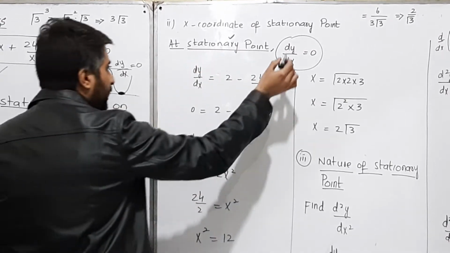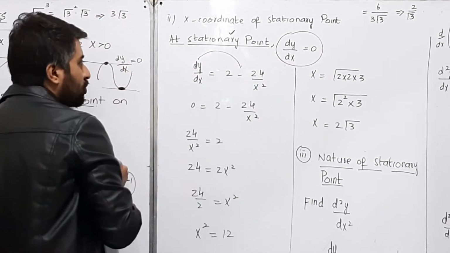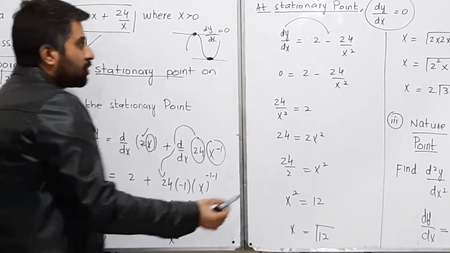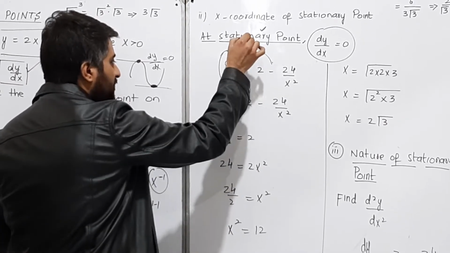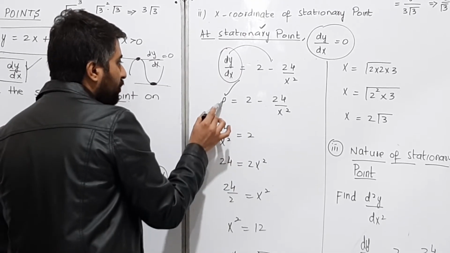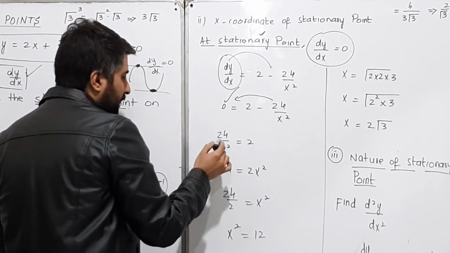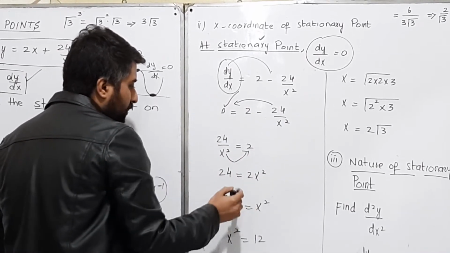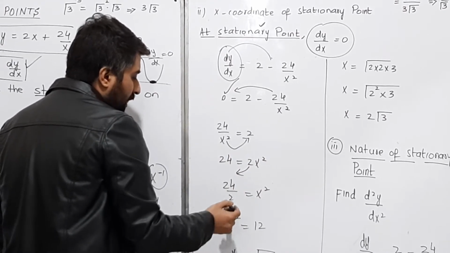So at a stationary point, the gradient is 0 and the gradient is 2 minus 24 over x square, as we have found here. So equating dy over dx to 0, because we are at a stationary point, the gradient must be equal to 0. 24 over x square will come on the left side, x square will move to the right side, it will become 2x square, 2 will move to the left side, 24 over 2 is 12.